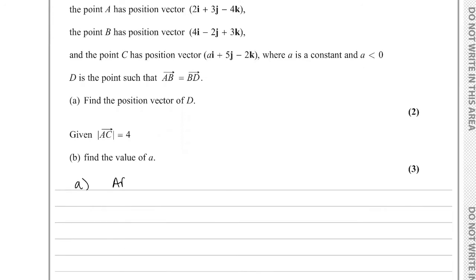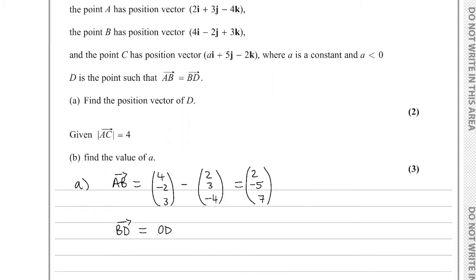So AB is (4, -2, 3) minus (2, 3, -4), which is (2, -5, 7). And we also know that BD will be OD minus B, which is (4, -2, 3).